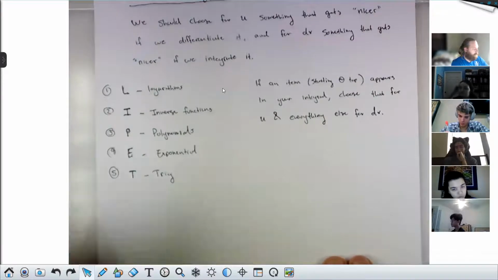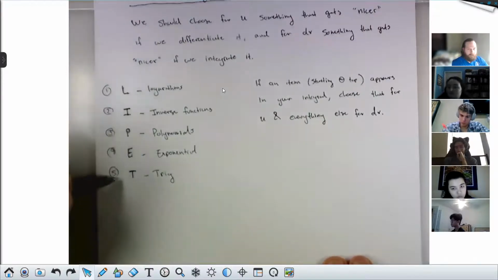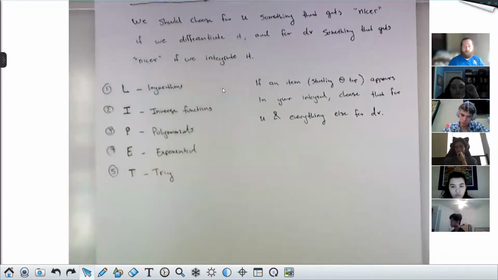Right? So you just look at your integral and you move down this list. The first time you see one of these things in your integral, you stop, you make that u and everything else dv, and you run your integration by parts. This is the most common procedure for teaching how to pick u and dv.